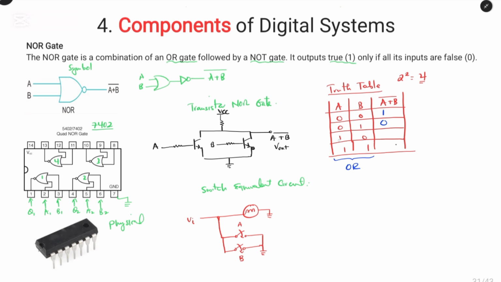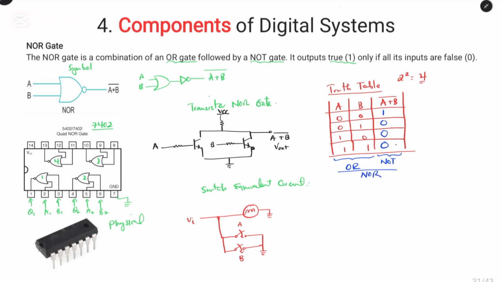Similar for this one, we have 1, 0. We have the output of the OR gate, which is 1. When we invert, it will give 0. And similarly, 1 and 1 will give the output 1. When we invert, it will give the output 0. And this is the NOT portion of the OR gate. So both of them combined is called a NOR gate.